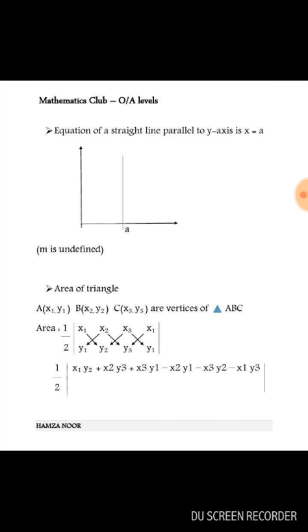In this case we have 3 points till x3 y3, so in order to complete the cycle, we have to again write x1 y1, and the next step is that in this particular pattern you calculate the answer: x1 y2 plus x2 y3 plus x3 y1 minus x2 y1 minus x3 y2 minus x1 y3, and by this formula you will be able to calculate the area of the triangle.